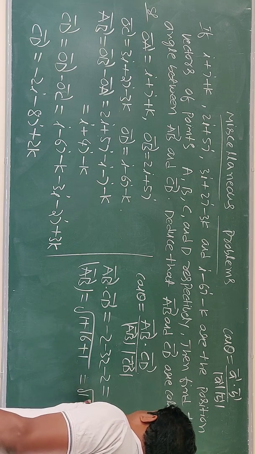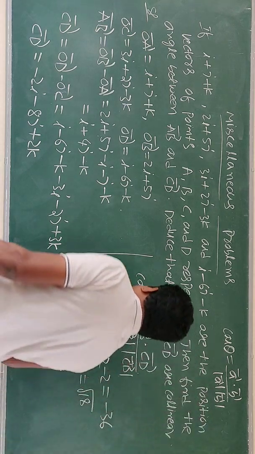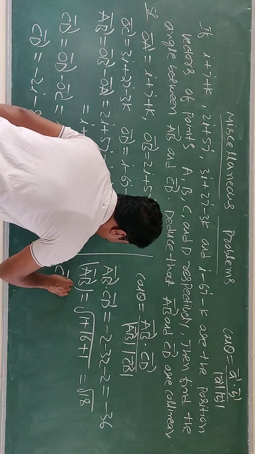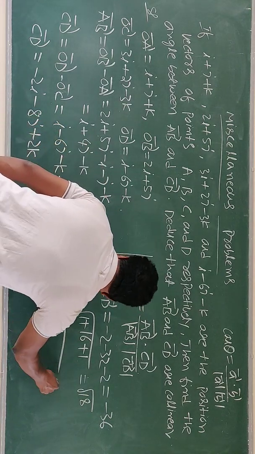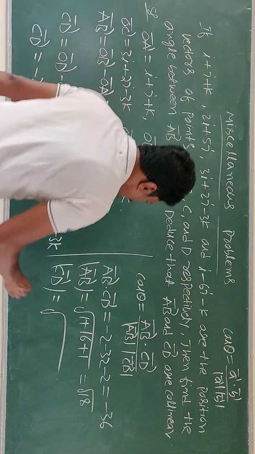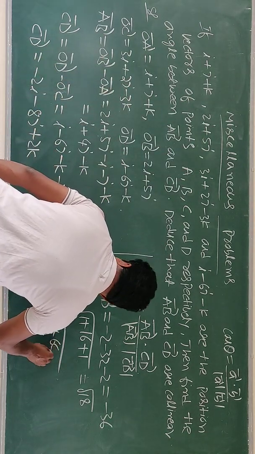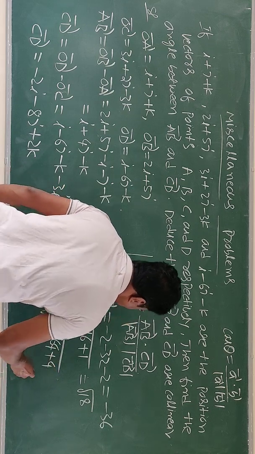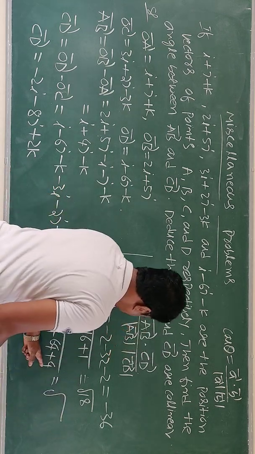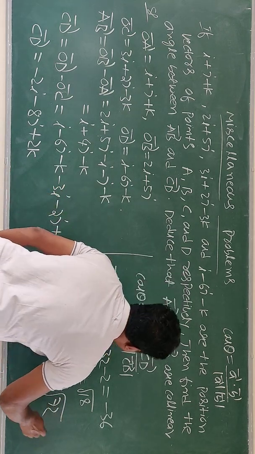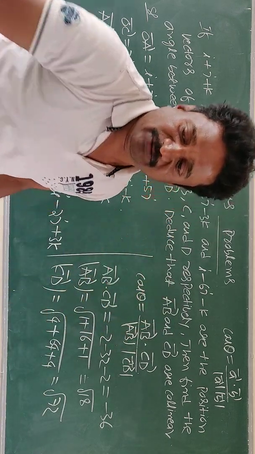So root 18. Length of CD: root of i square 4 plus 8 square 64 plus 2 square 4. 68 plus 4 is 72.